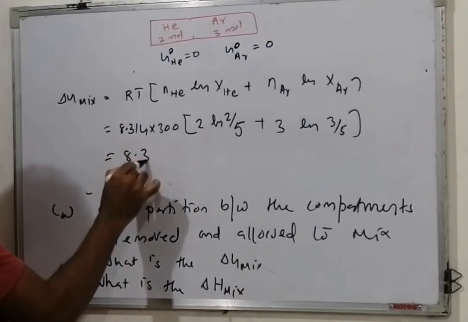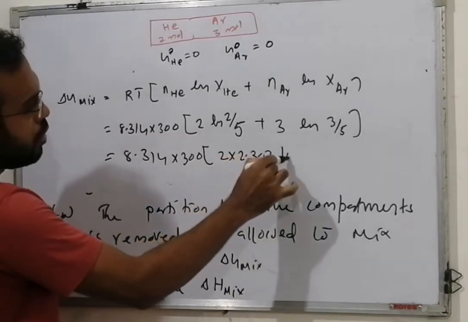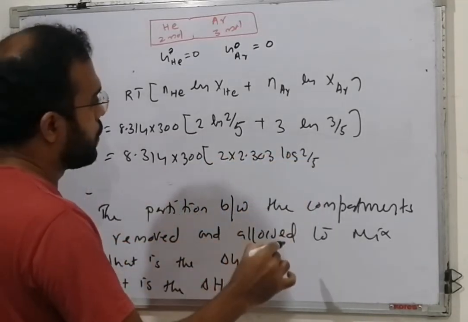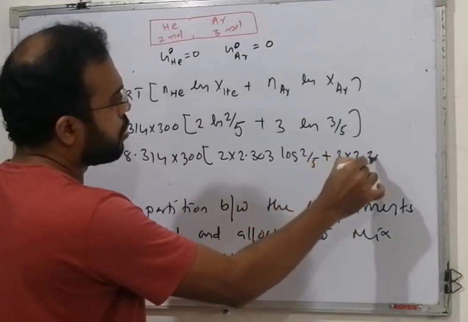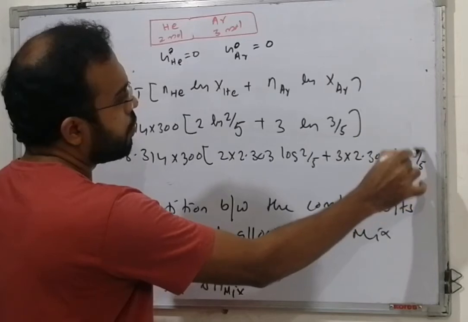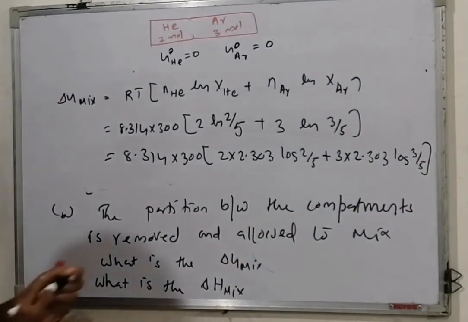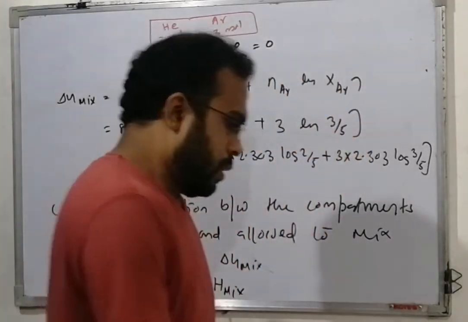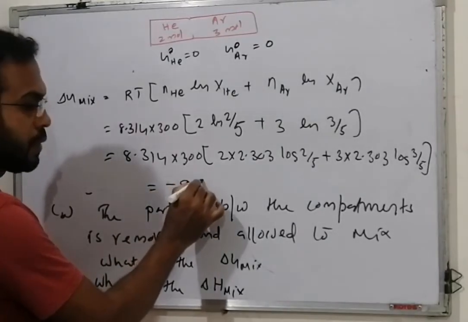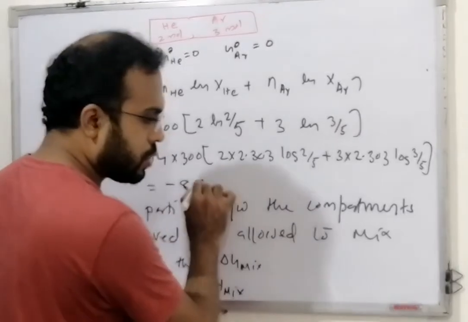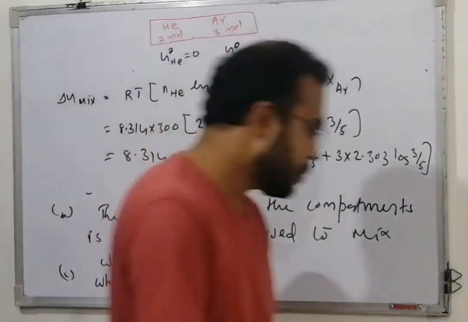You can make ln as 2.303 log, and take the 2.303 outside: 2 into 2.303 log 2/5 plus 3 into 2.303 log 3/5. You will get the final answer, minus 8.339 kilojoule.